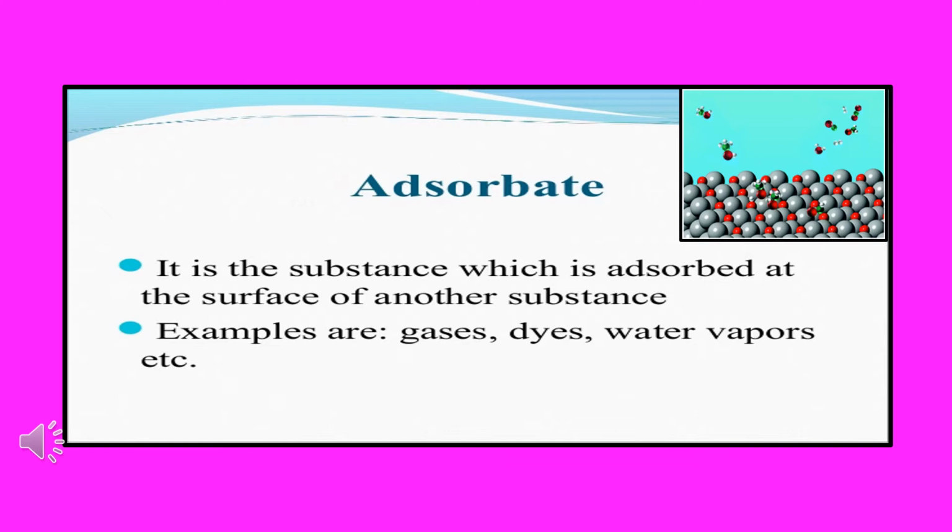So, adsorbate is the substance which is going to adsorb on another surface. The best examples of adsorbate are generally some gases like hydrogen, nitrogen, and dyes, water vapor, etc.